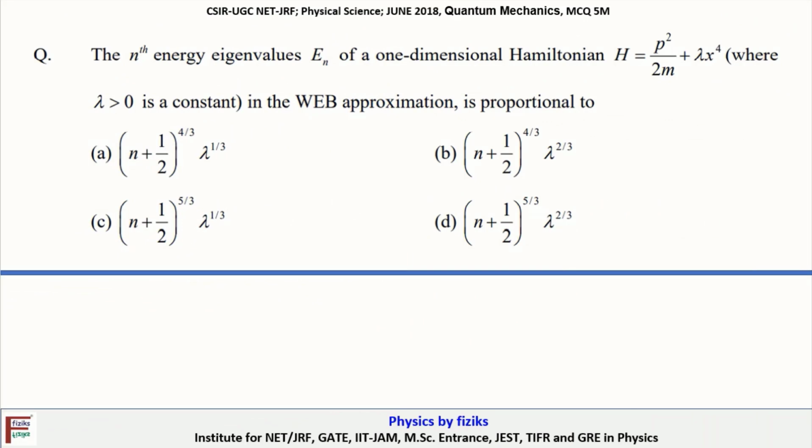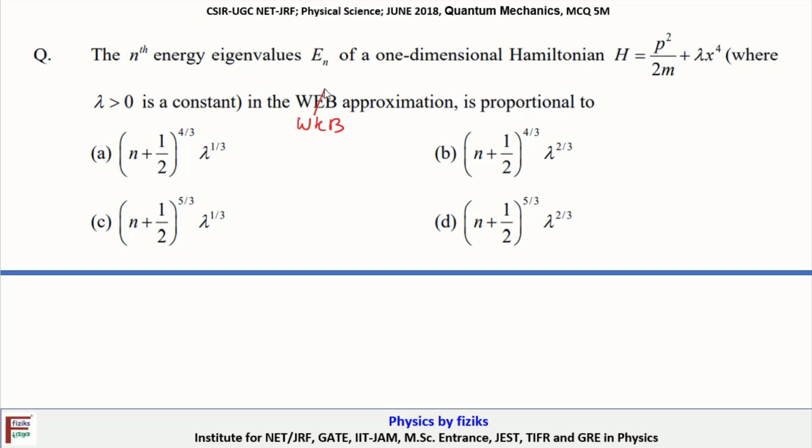This problem is related to WKB approximation, and here the nth energy eigenvalue En of a one-dimensional Hamiltonian H equals p squared by 2m plus lambda x to the power 4 in WKB approximation is proportional to.